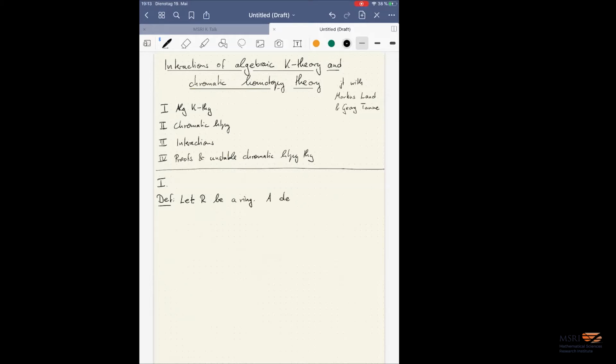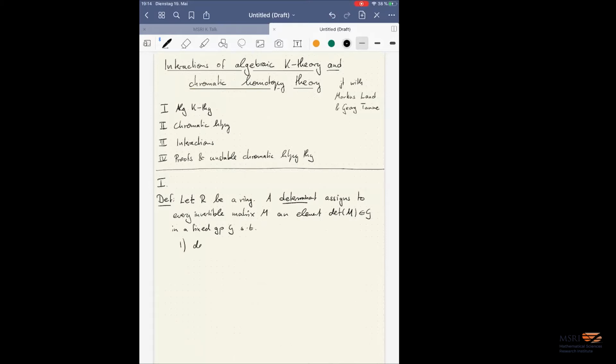A determinant assigns to every invertible matrix M an element, determinant of M, in a fixed group G, such that two properties hold.